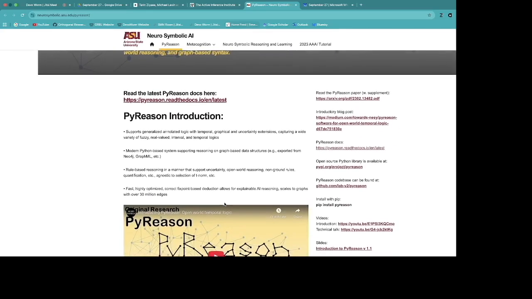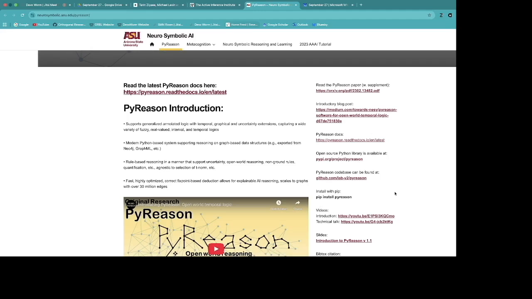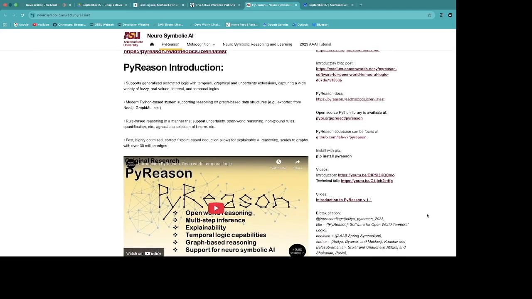And so this is the package here. So you can download the paper, which is on arXiv. You can look at the introductory blog post, or you can download the PyPI project, or just load it in a Python environment.